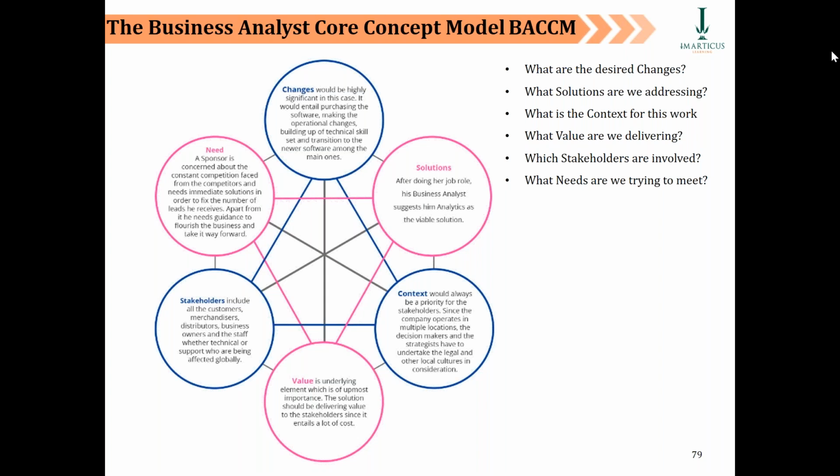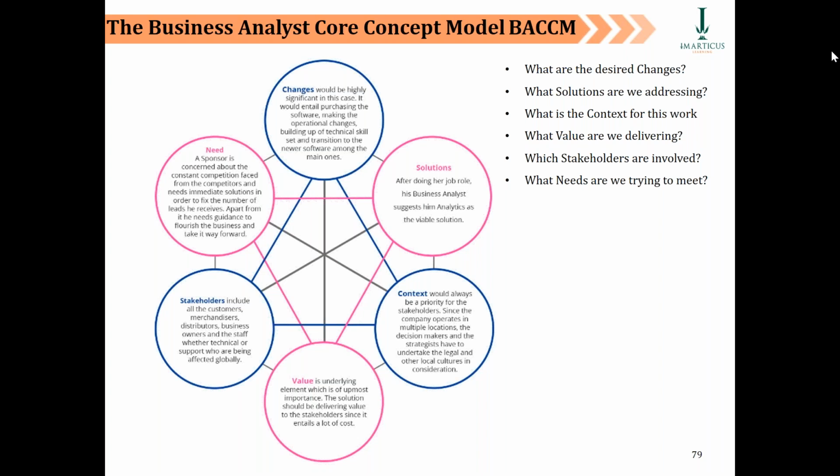Whatever is the business situation, whatever is the ecosystem you are in, you need to follow these 6 cycles for sure. Whether you get enough info about a need, about a change, from stakeholders, about the value, whether it could be less, medium, high, you need to take this cycle through every requirement that you are trying to explore with your stakeholders. If you do so, you will get answers to the questions on the right.